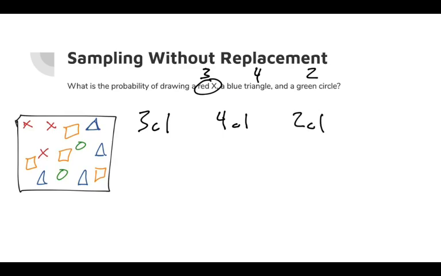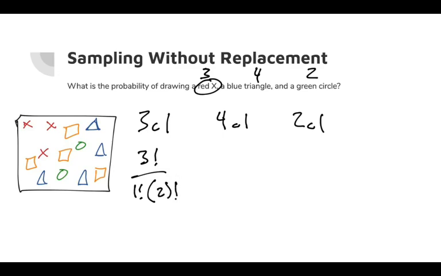So I'm using the same exact trick, except now my numbers are smaller, so this is going to be much easier. So this is going to be 3 factorial over 1 factorial times 3 minus 1, which is 2 factorial.